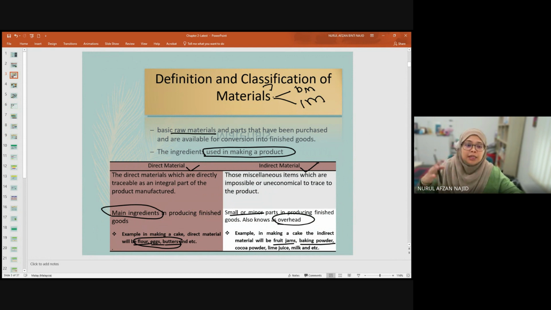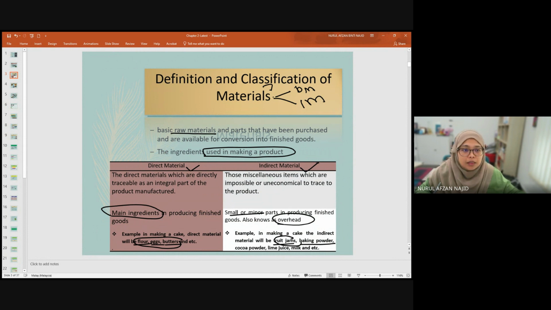Meaning that bila you belajar overhead nanti, actually indirect material ni something yang contoh fruit jam untuk satu kek. Okay, is it mudah untuk you tentukan satu kek tu menggunakan berapa gram fruit jam untuk setiap satu kek as compared to you comparekan dengan flour.